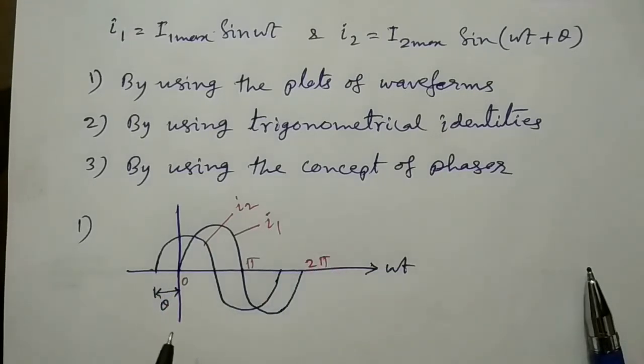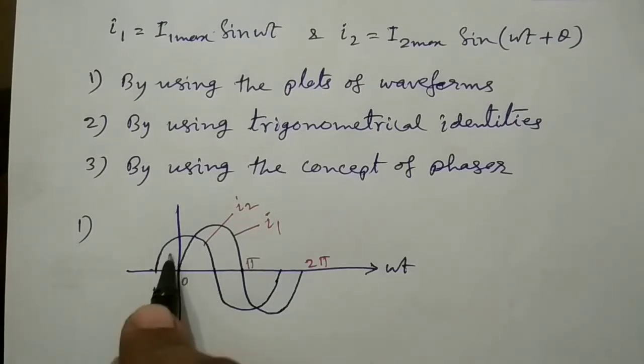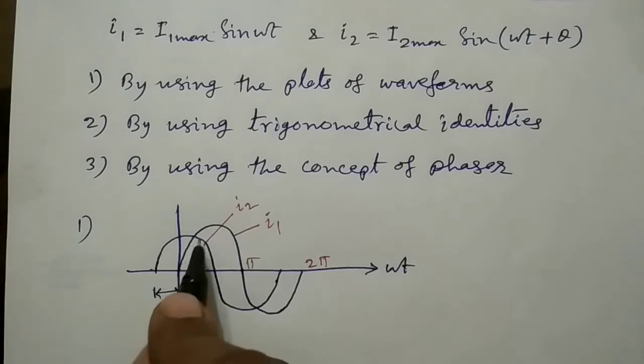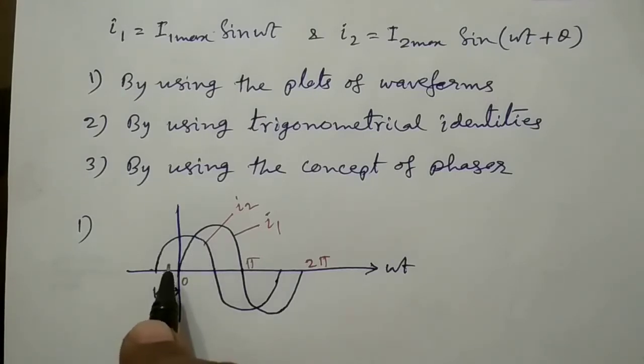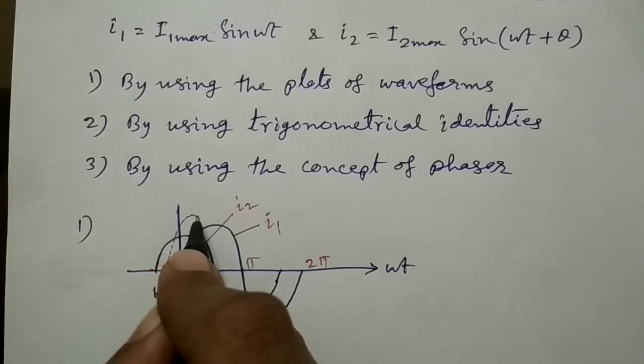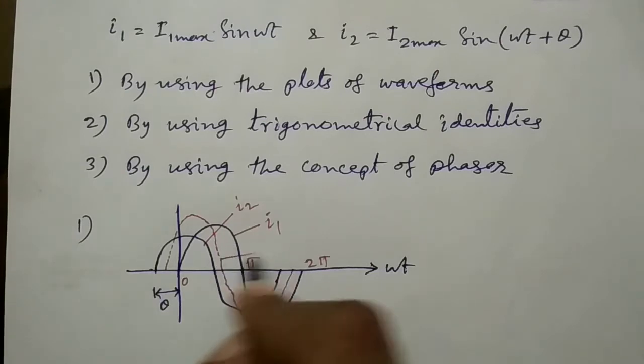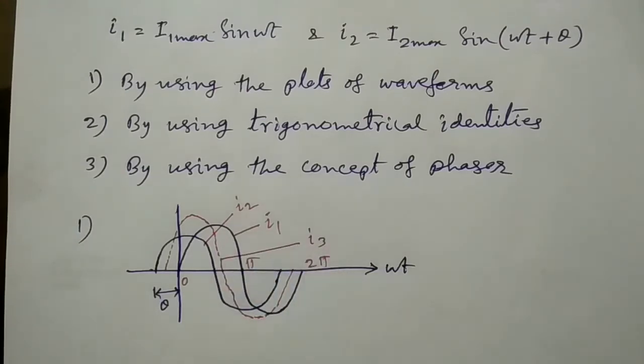Now in this case we have to plot each and every point. We have to combine the two waveforms and finally we can draw the resultant value. For example, the resultant will be like this. So this will be the resultant current, that is I3.